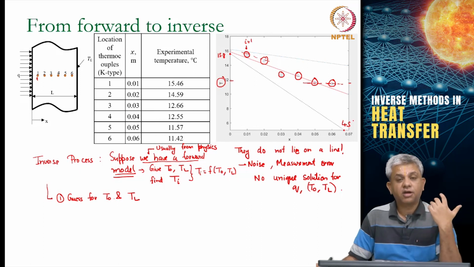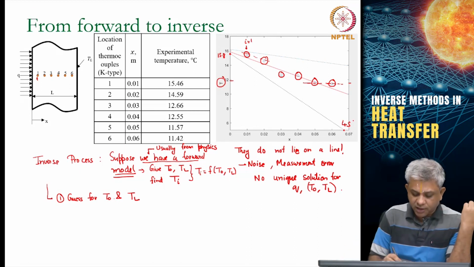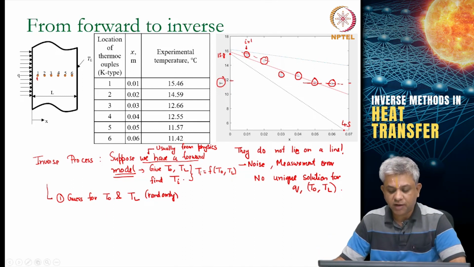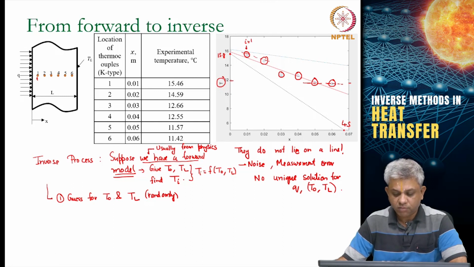So this is my guess. How did I get this guess? I got them randomly. I just got lucky that I guessed somewhere close to the actual value right now. But I can just make some guess, 15.8 and 4.5, or 0 and 0, whatever you have.